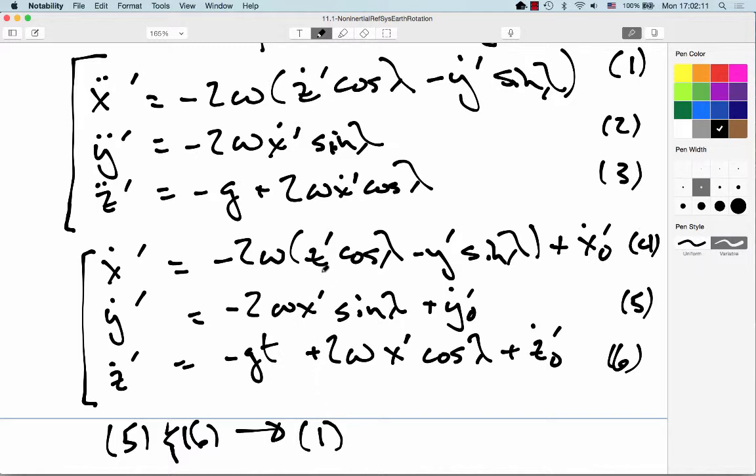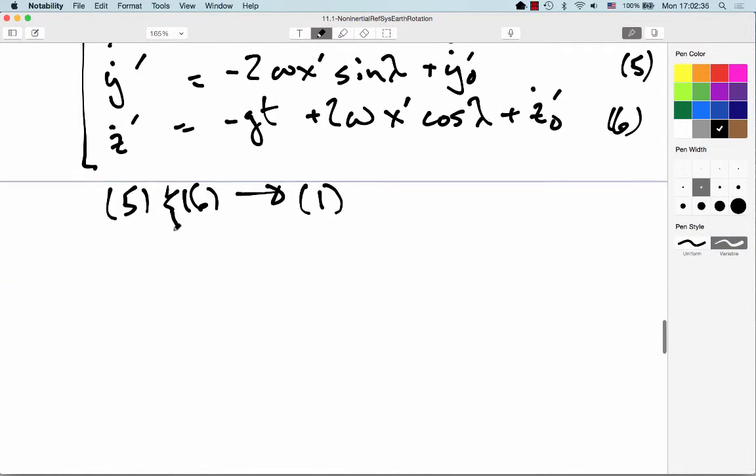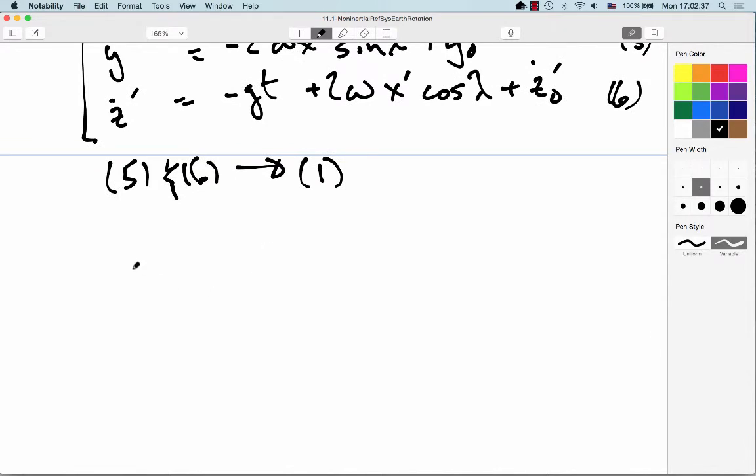By doing that, you can then get a second order differential equation in terms of x alone. So at least that is something that we can cope with. All right, so we go ahead and do that.